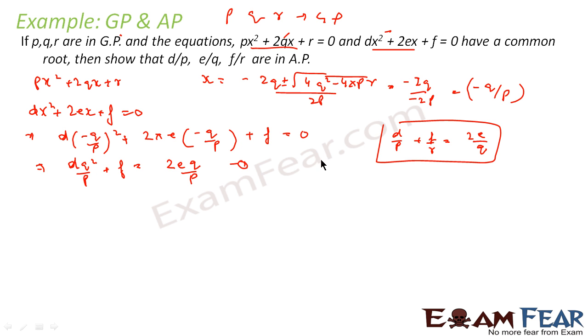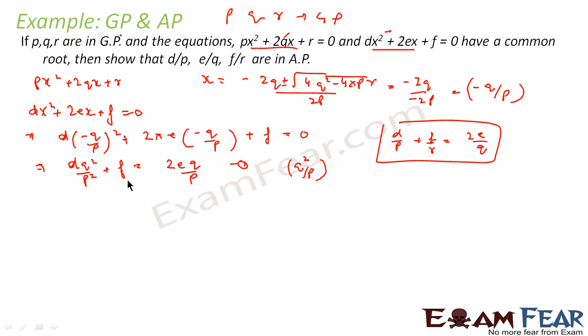Until now we have got this, and somehow we have to convert it into what we want. We see that for d by p, q square is extra here, and here we have q. So we'll divide this equation by q square by p, because we want d by p here.